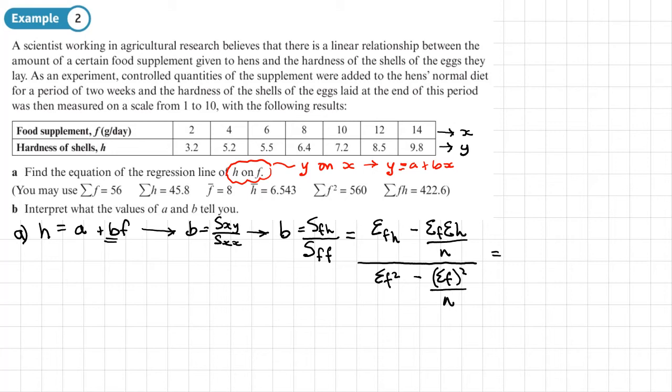So the sum of FH is here. So that's 422.6 minus the sum of F, 56, times by the sum of H, which is 45.8. So we've got 56 times 45.8 over N. So how many pairs of values we've got? 1, 2, 3, 4, 6, 7. So I'll just put down here that N equals 7.